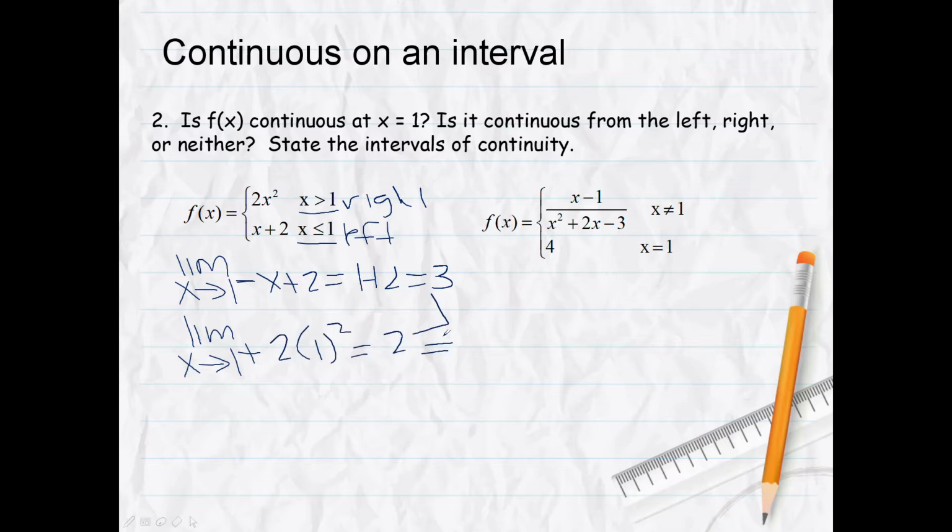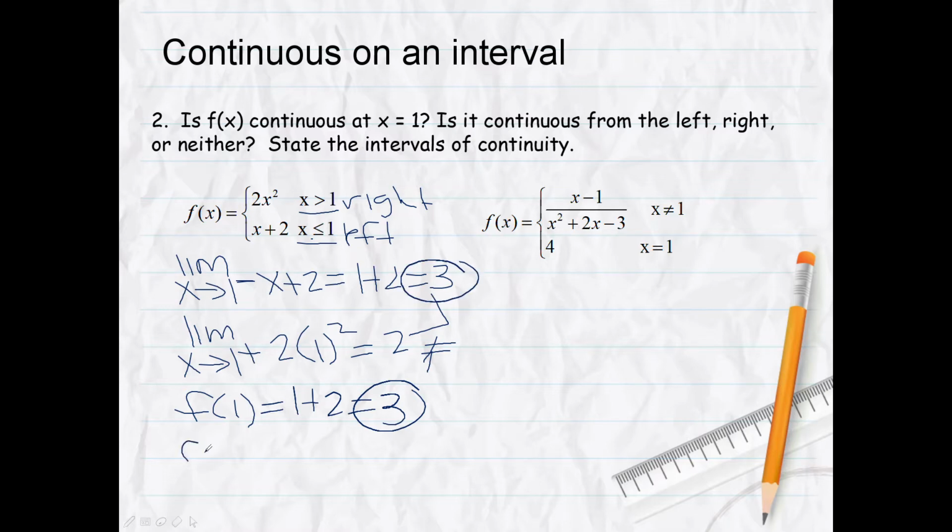These are not equal, so I'm discontinuous at x equals 1. Now notice f of 1 is going to use the bottom one because that's where I can equal it. So this one and this one are equal, so I'm continuous at x equals 1 from the left.